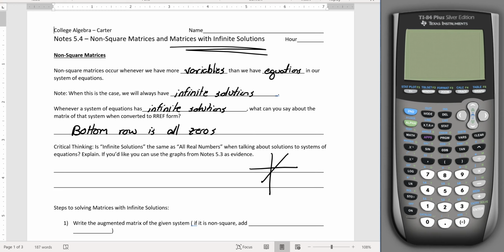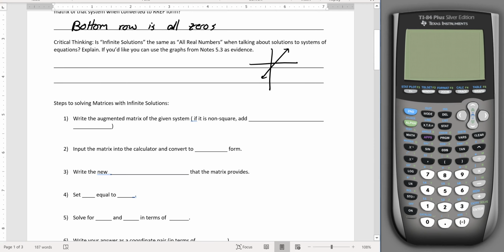Not all points are solutions. There's a very specific set of points on this line that are solutions. So that's why infinite solutions represents all the solutions on this line. All real numbers would say any point in the coordinate plane works. That's not the case. So infinite solutions is different than all real numbers.